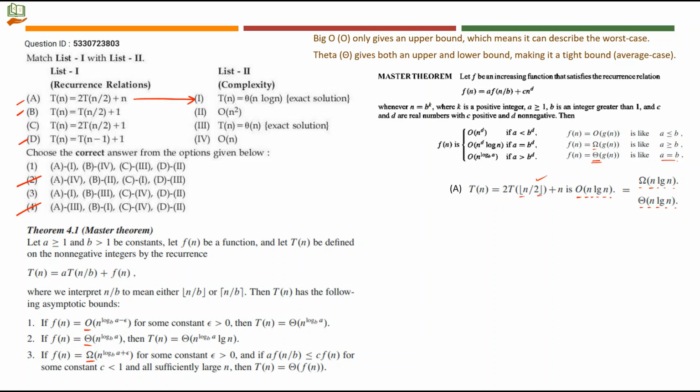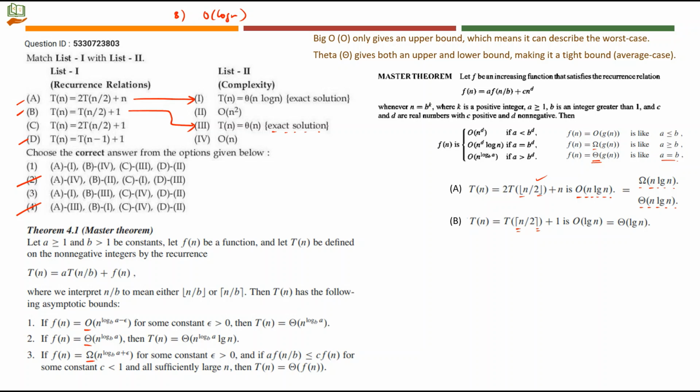What about B? T of n by 2 is given in ceil notation. It means it can be taken to a higher level. Since ceil is provided here, they have equated it to theta of n as exact solution. So B will be mapping to 3 here. Actually B's value will be big O of log n because you have T of n by 2.